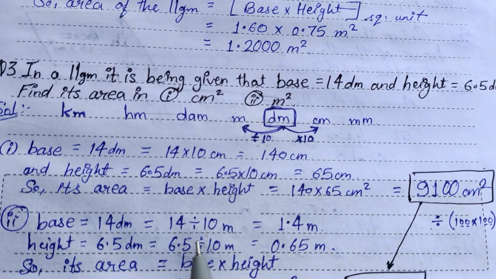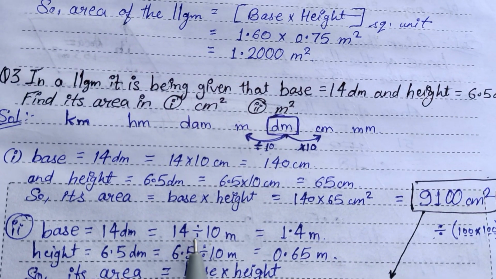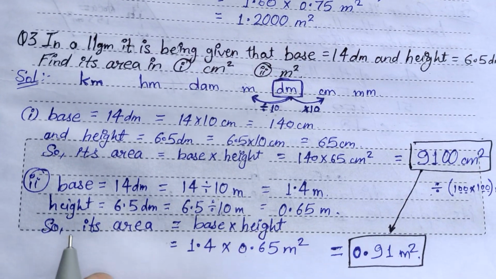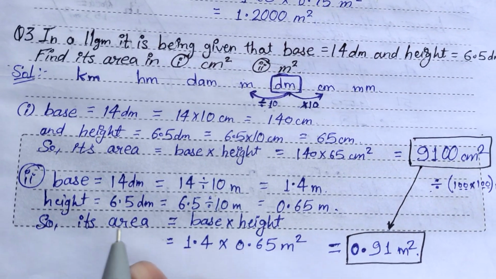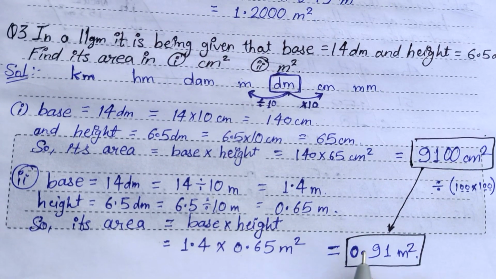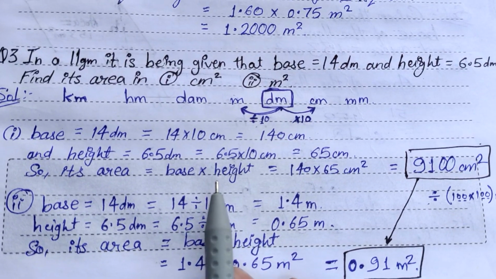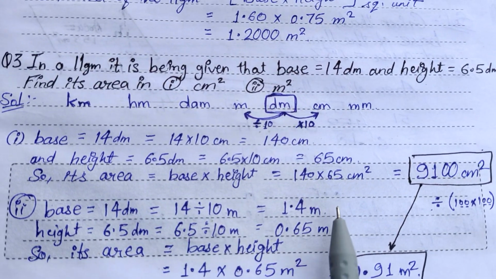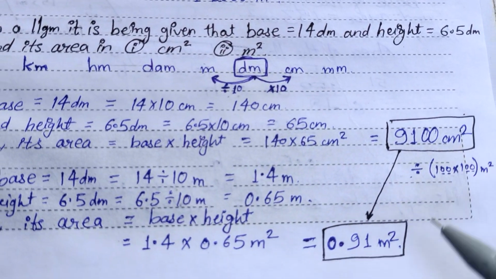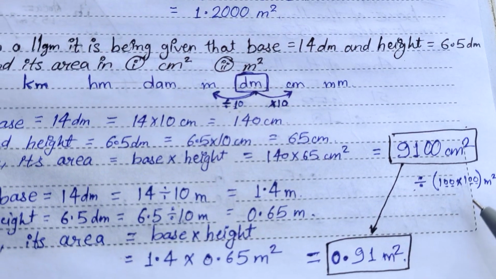Now if the question asks for the area in meter only, not in centimeter, you first change the decimeter into meter, and then multiply base into height to find the area. So here it is asked in centimeter and meter, so we solve it first in centimeter, then we can do directly in meter square by dividing it by 100 into 100.